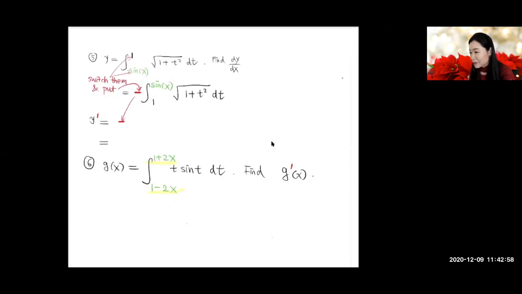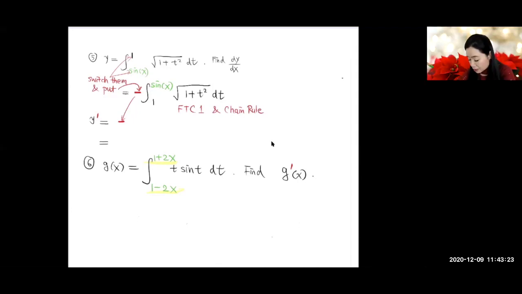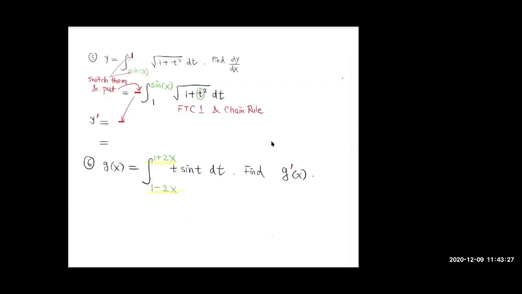Now we're going to differentiate this with respect to x. Use the fundamental theorem of calculus together with the chain rule. So what do you get, everyone? Cosine of x times the same function, but we plug sine of x in. You got it. So you're going to replace this t over here by sine of x first, right?